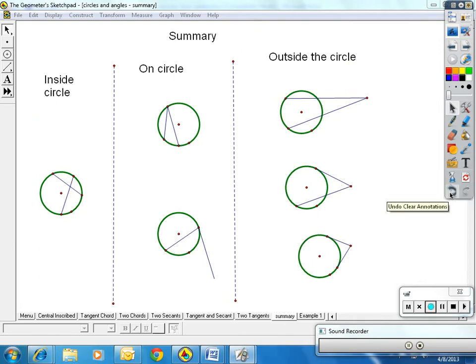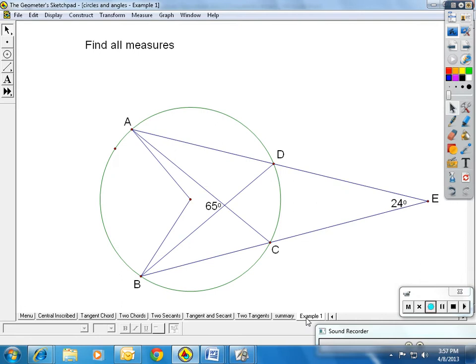Let's look at an example. We should be able to solve for all the angle measures here in this sketch. Given the angle measures provided, we should be able to find all of the rest. The first thing I notice is, let's start with the easy ones.